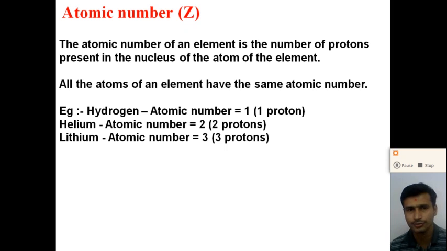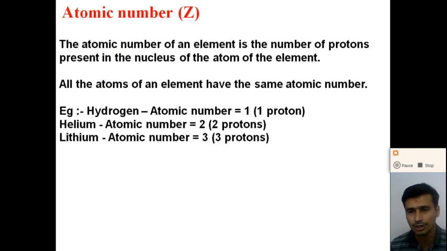All the atoms of an element have the same atomic number. If we consider one element, the atoms of that same element have the same atomic number. Different atomic number, different element.